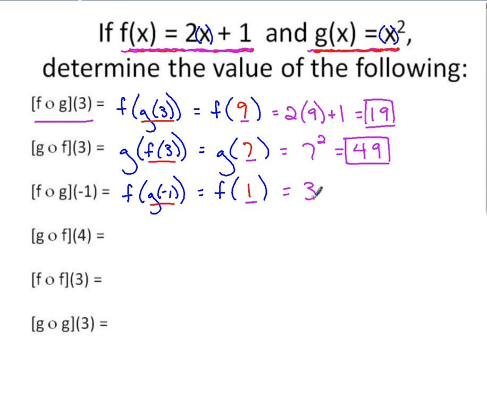Okay, if we're good with this so far, let's skip down here to one where we're combining into the same function twice. Maybe that'll be more interesting. I don't know. If I go down to, say, f of f of 3.